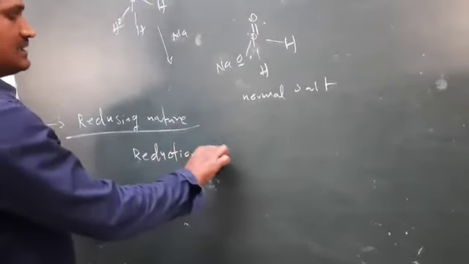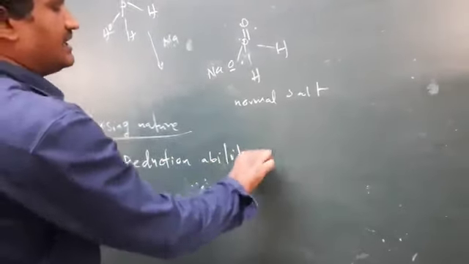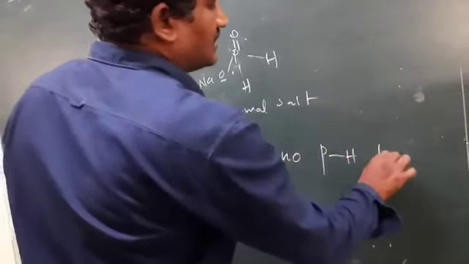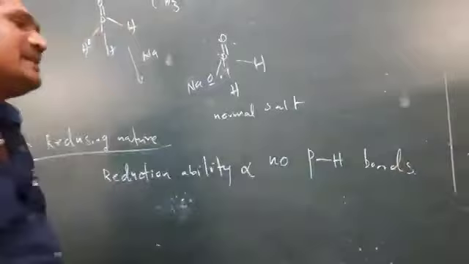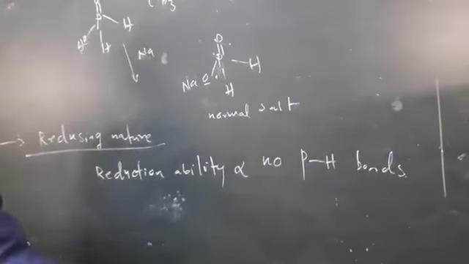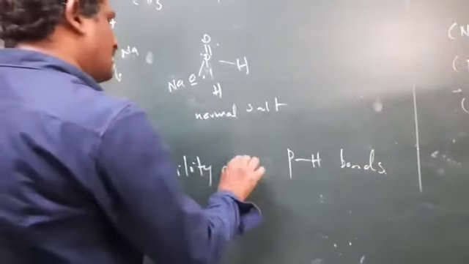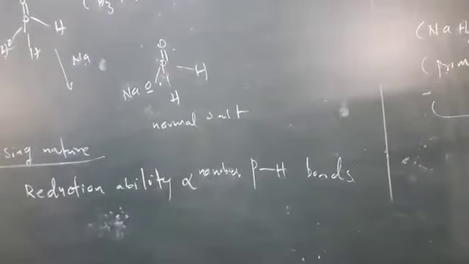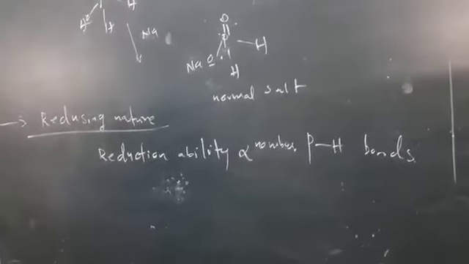Reduction ability is directly proportional to the number of P-H bonds. As the number of P-H bonds increases, reducing nature increases.